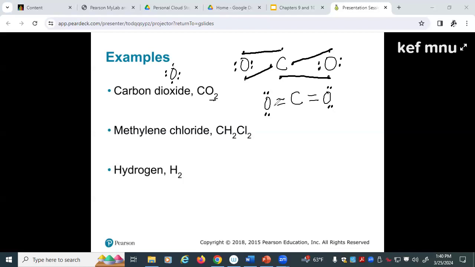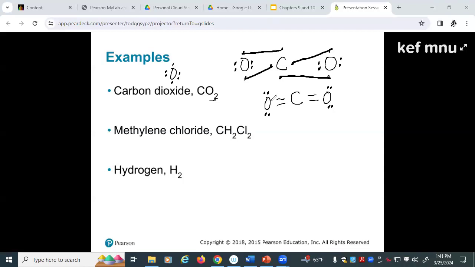From an octet rule standpoint, I look at carbon, where each one of these lines represents the 2 electrons that are being shared. So I've got 2, 4, 6, 8 electrons around that carbon. And for each of the oxygens, I've got 2, 4 from the bonds, 6, 8 from the ones that were paired up on the oxygen already.